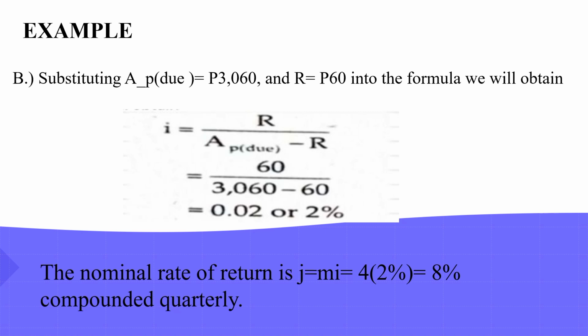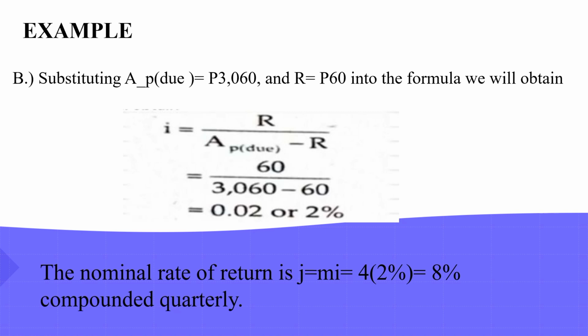So let's proceed to letter B. Substituting A sub P due equals 3,060 pesos, and R equals 60 pesos into the formula, we obtain I equals R over A sub P due minus R. So equals 60 pesos divided by 3,060 pesos minus 60.